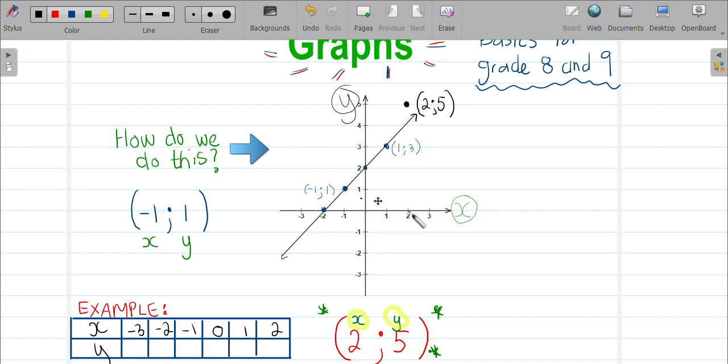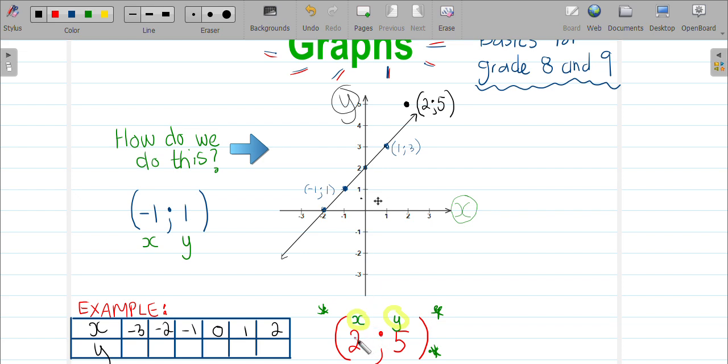That is 1. It is right over there, number 2. And then the ordered pair has another number because it's a pair. The second number is 5, and that is representing the y value on the Cartesian plane.